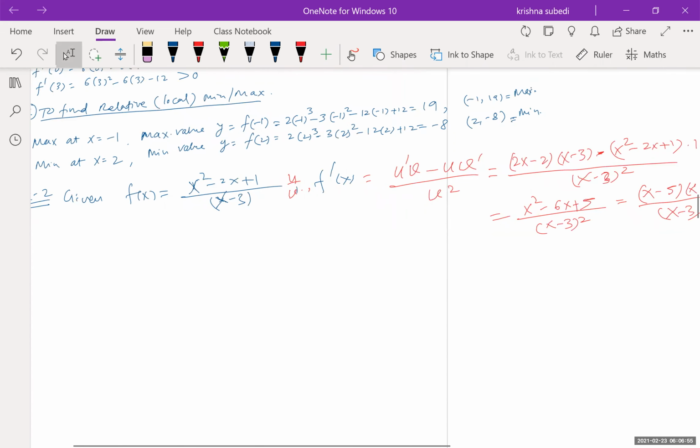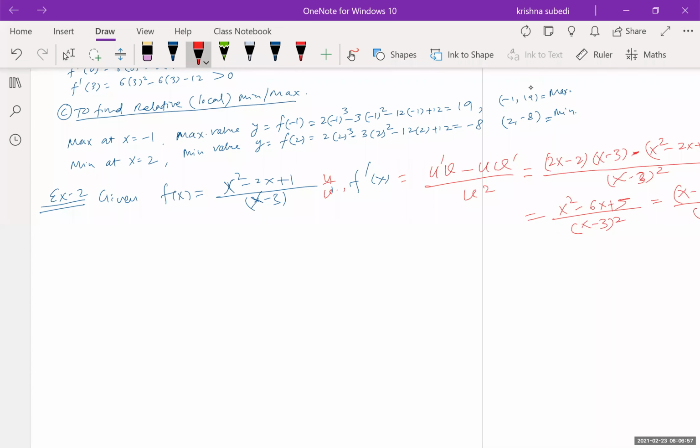Let me just copy the derivative here on this side. So our derivative for this function is going to be x minus 5 and x plus 1 divided by x minus 3 squared using the quotient rule. That's what we got.